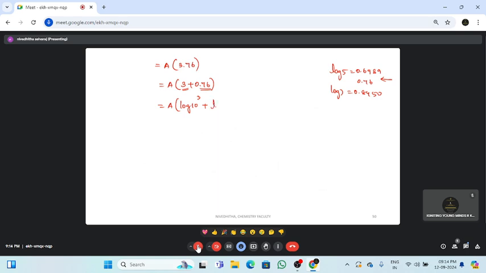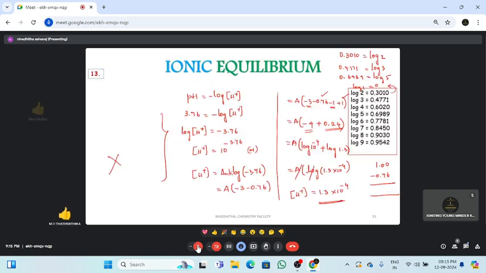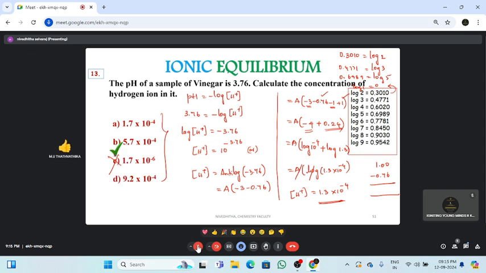I can choose randomly between 5 and 6, so log 5.3 or something. So I can write it as log 5.3 into 10 power 3. Log and antilog will get cancelled out. So what will be the value? 5.3 into 10 power 3. As simple as that. Is that clear? Shall we move on to the next question? Okay.